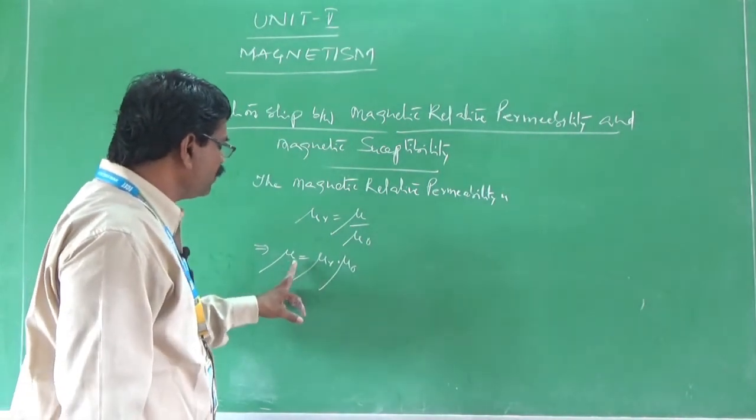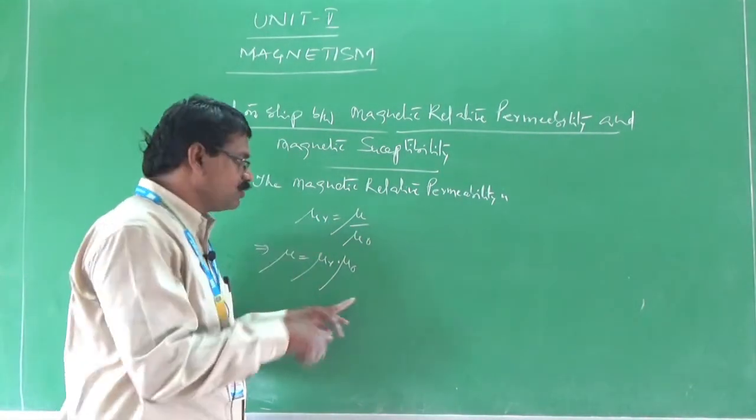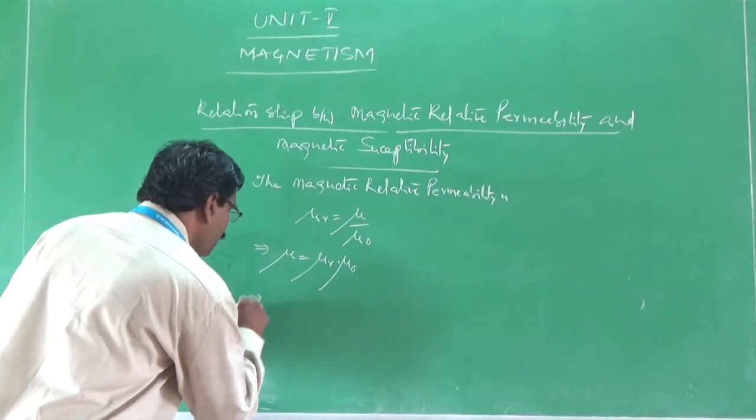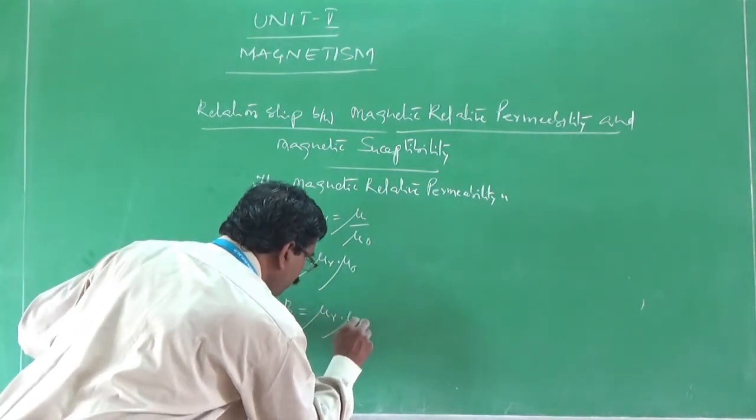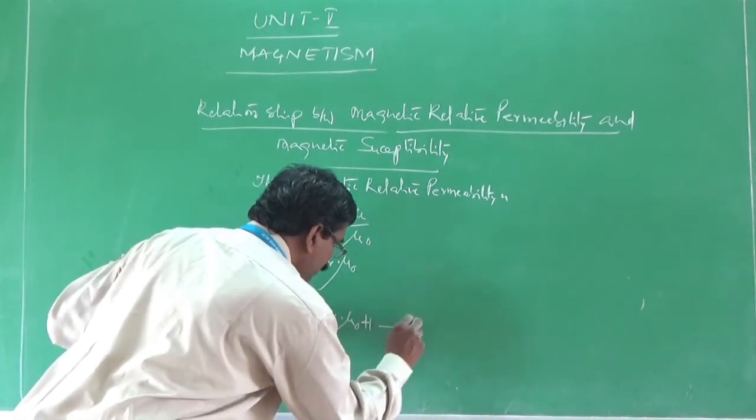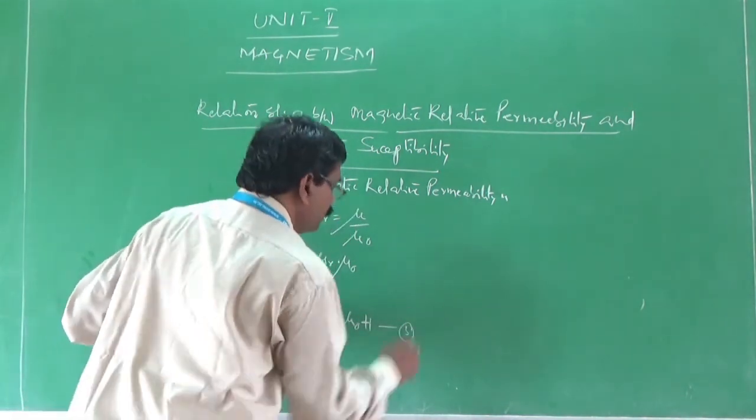Now bring the value of mu is equal to mu r into mu naught into equation 2. We will get B is equal to mu r into mu naught into H. I can call it equation 3.